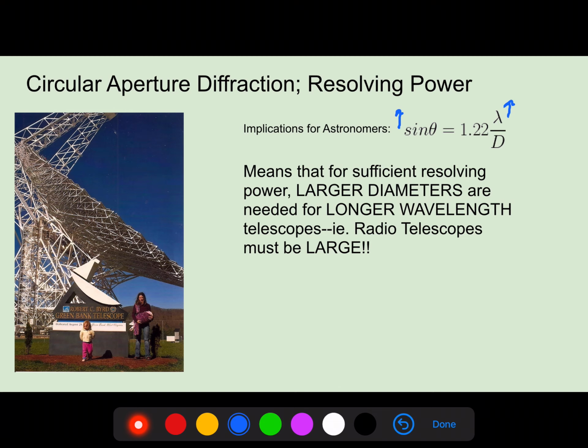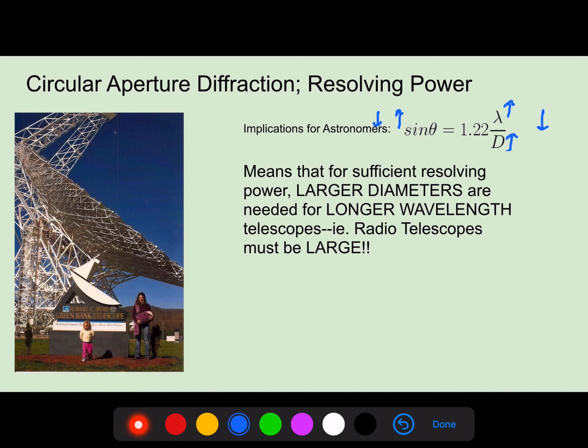The only thing I can do to counterbalance that is increase the diameter of my radio telescope in order to bring down this overall right-hand side of the equation, which will then bring down the overall left-hand side of the equation and allow me to resolve things even if they are closely separated.